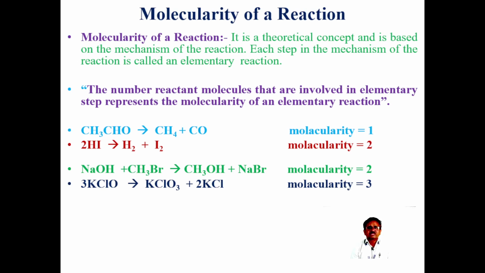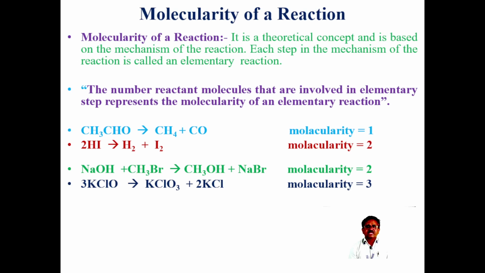Molecularity of reaction is based on the mechanism of the reaction. Each step in the mechanism of the reaction is called an elementary reaction. The number of reactant molecules that are involved in an elementary step represents the molecularity of an elementary reaction.